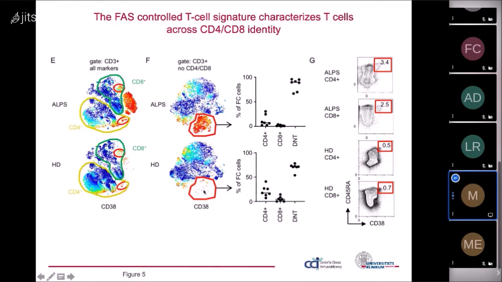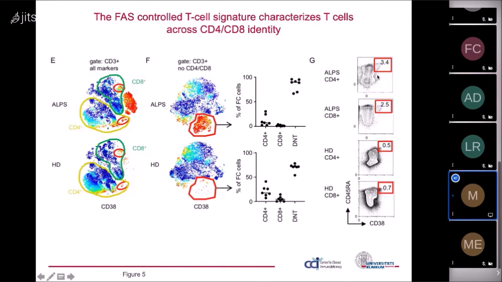And this was true also using flow cytometry. As you can see here, very, very small percentages in the healthy donors, but very clear and expanded in ALPS patients, where you can see here the signature single positive T cells expanded.